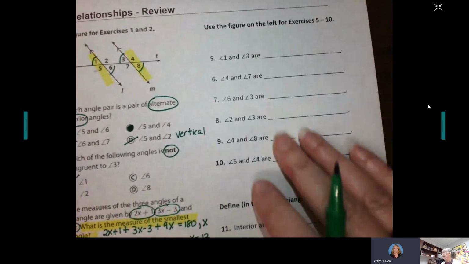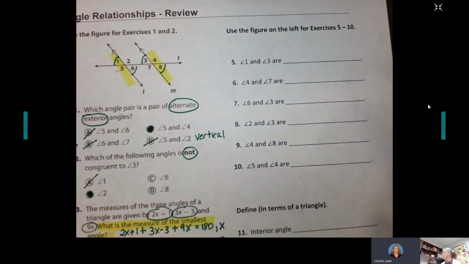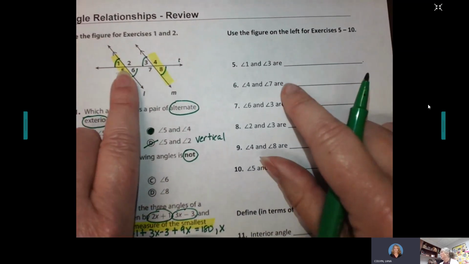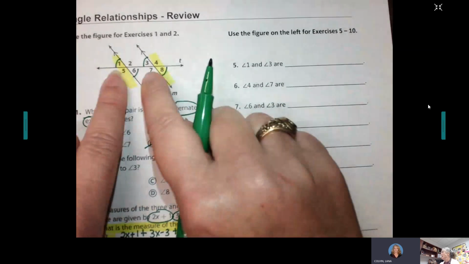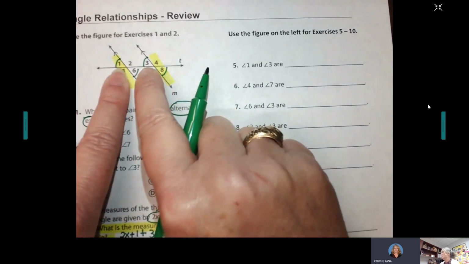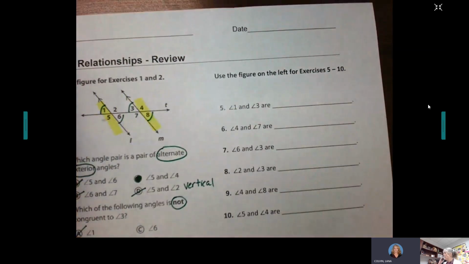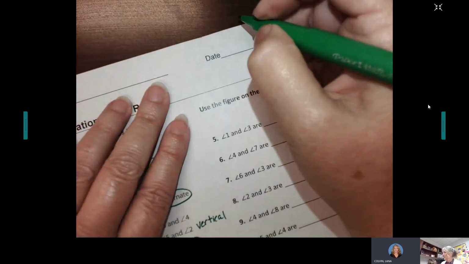All right, this is vocabulary. Let's look. Angles 1 and 3. And let me give you a word bank. Here we go.